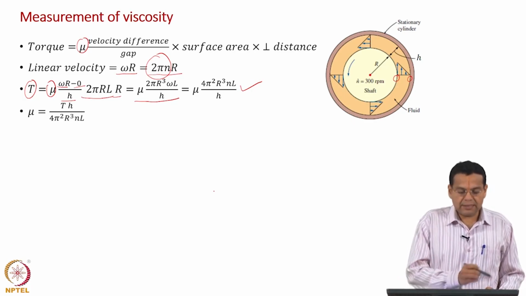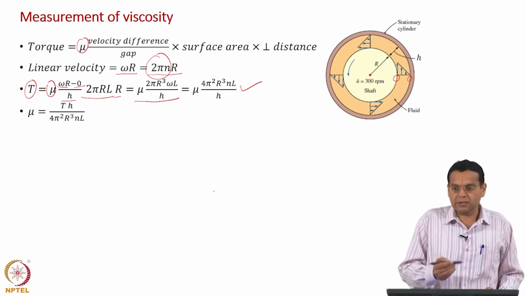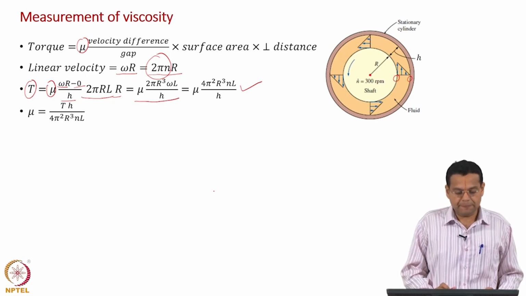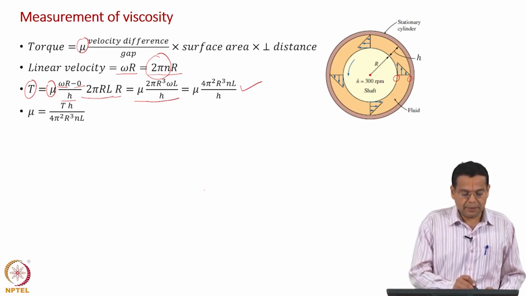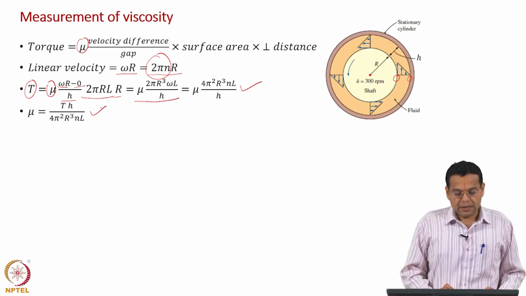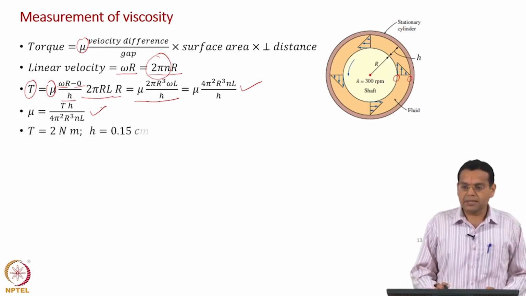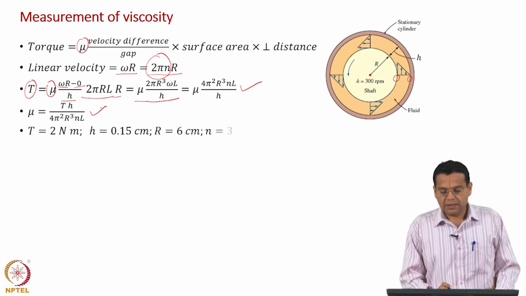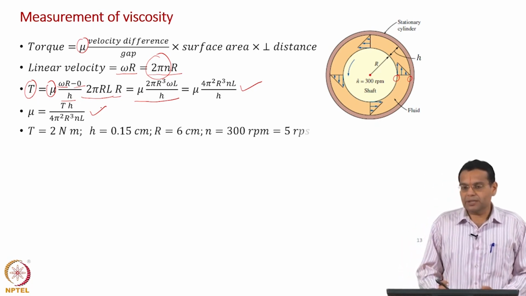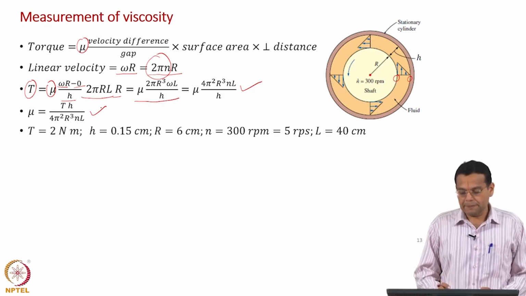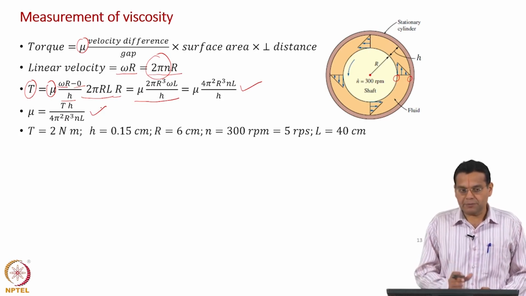So, let us rewrite this expression for viscosity, because we have to find out the value of viscosity. So, mu is given by this expression, and so all the values are known. Torque is measured, h is the gap between the two cylinders, which is 0.15 centimeter, r the radius is 6 centimeter, n the speed of rotation is 300 rpm, we have to substitute as rps.